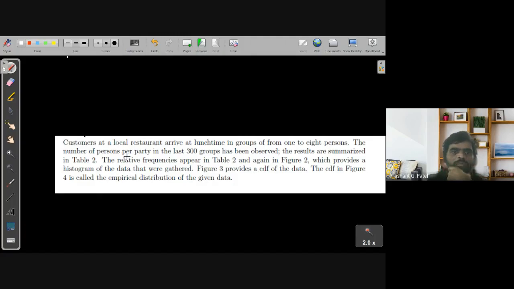The number of persons per party in the last 300 groups has been observed, and the results are summarized in Table 2. What is Table 2? I will write it in the next slide.